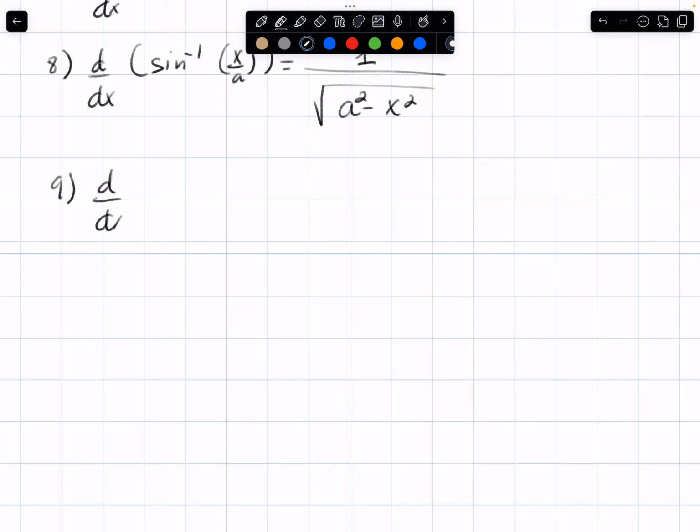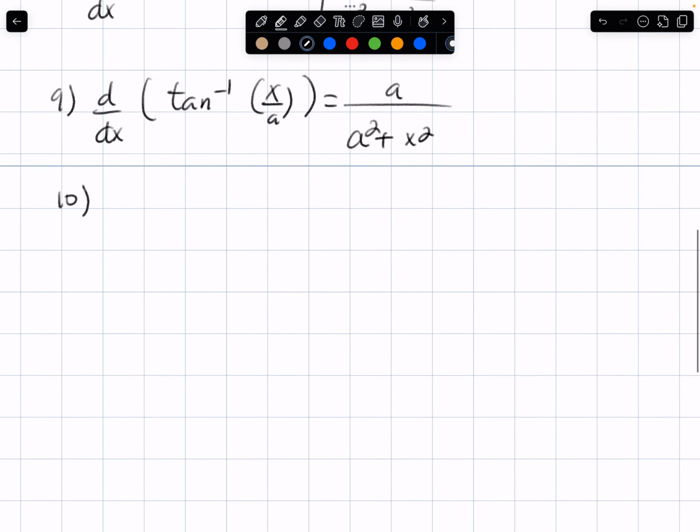And the derivative of arctan of x over a turns into a over a squared plus x squared. And the derivative of arcsecant of x over a. I believe arcsecant has an absolute value, but I'm not sure.